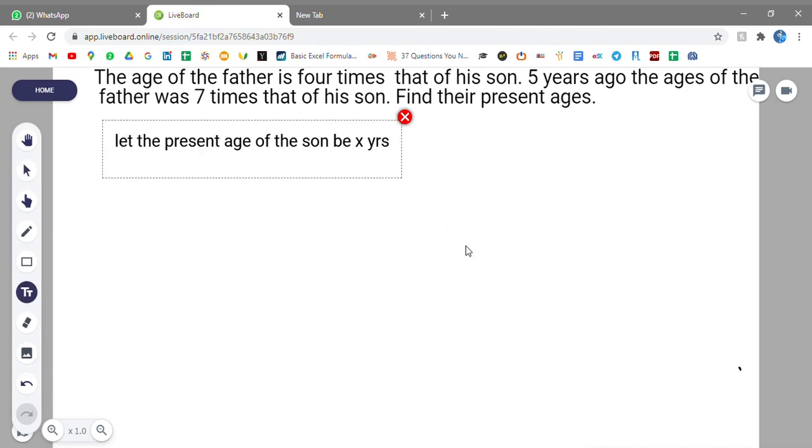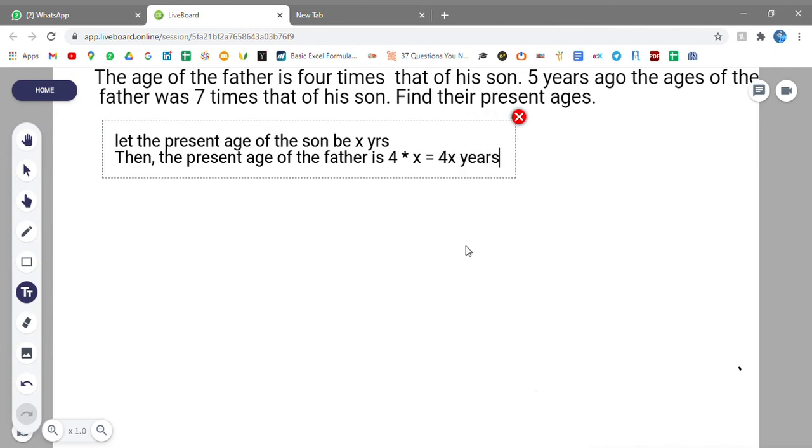Then the present age of the father is 4 into x, 4x years.